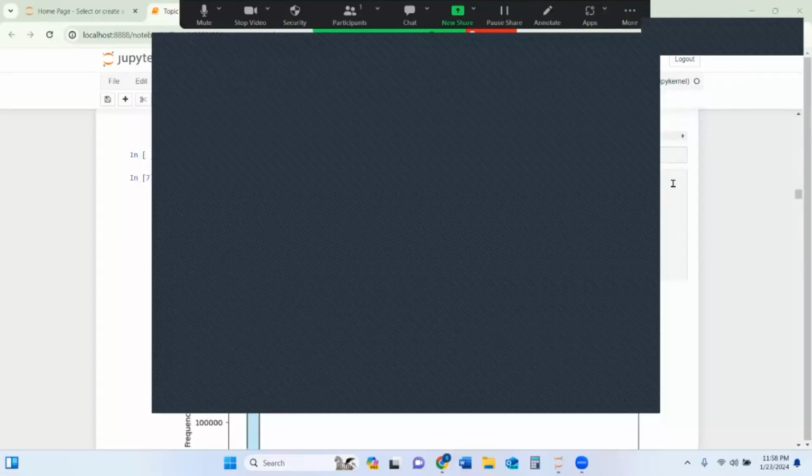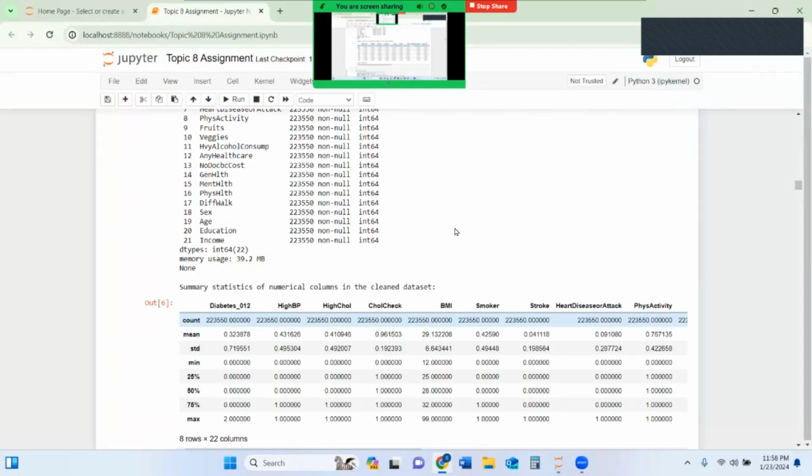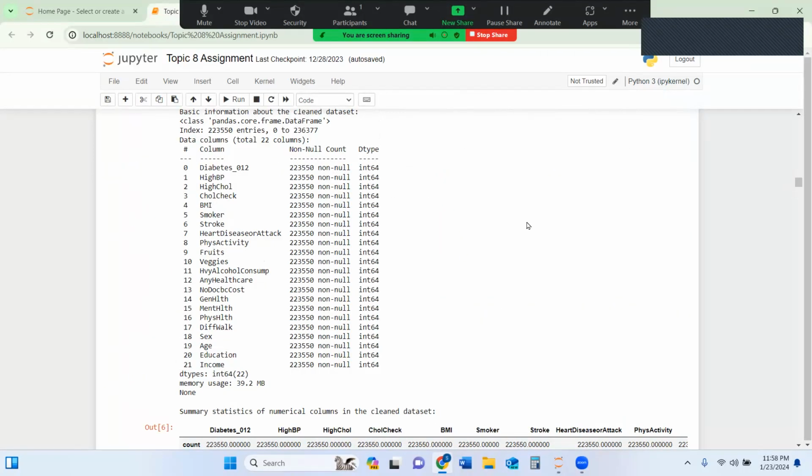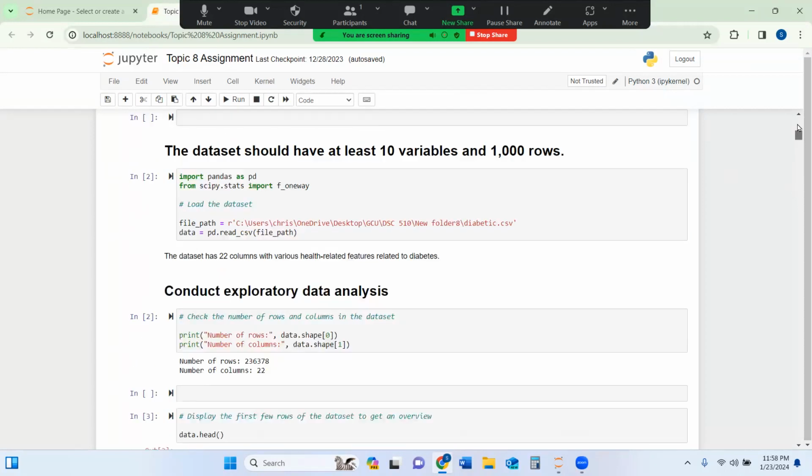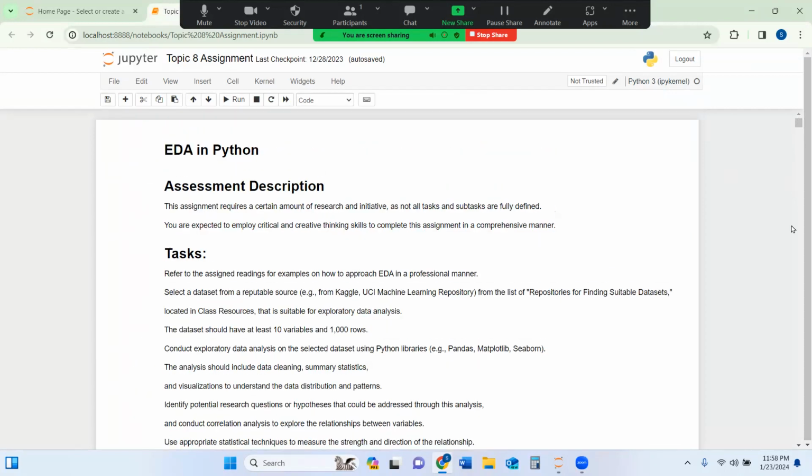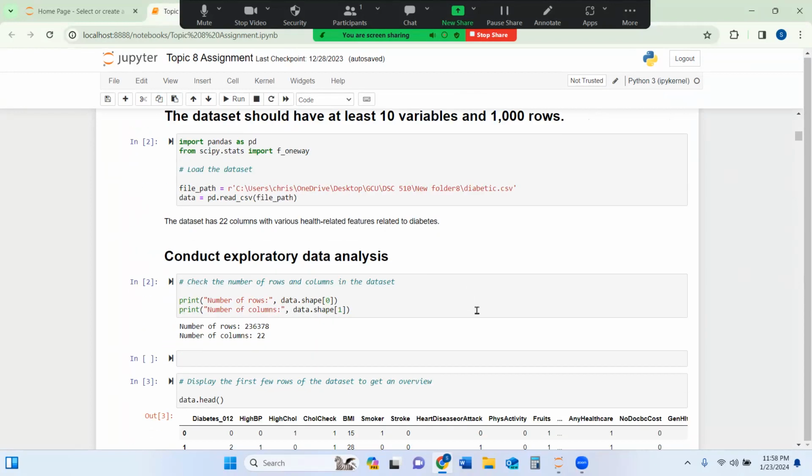I share here what I have here is the selected database that has various health-related features related to diabetes.